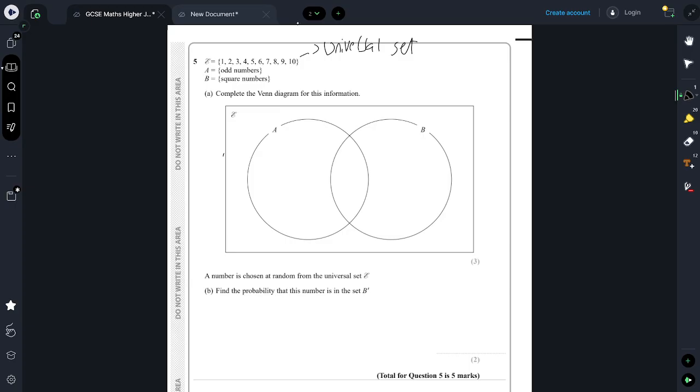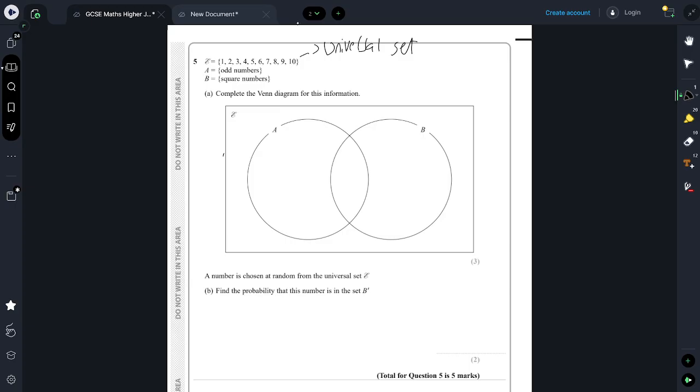Anyway, so A, which is another set, must be odd numbers. So from this list, what are the odd numbers? Well, you should spot easily. It's 1, 3, 5, 7, 9. And then that's it. The rest are even. And B is square numbers. So the best way to fill in a Venn diagram is actually to look at the intersection in the middle. Now, if they cross over, they have to be in both lists.